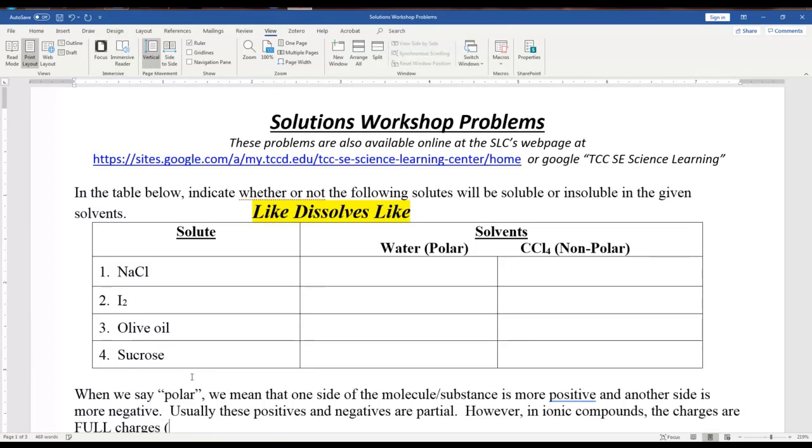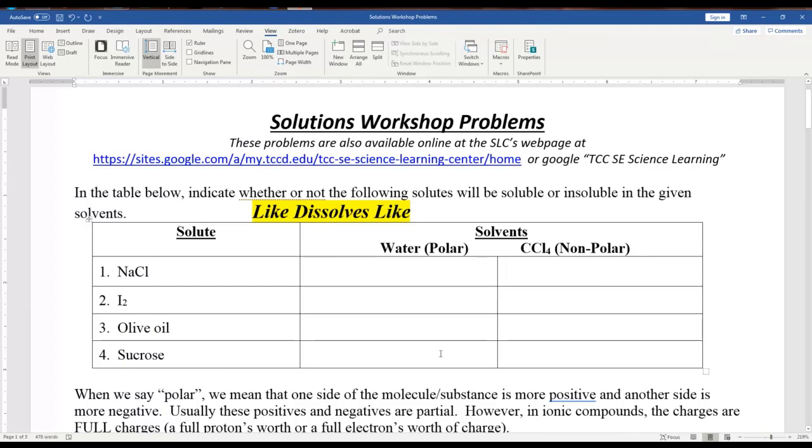A full +1, or a full proton's worth or a full electron's worth of charge. In the case of ionic compounds, sometimes more, because it can be +2 or +3.